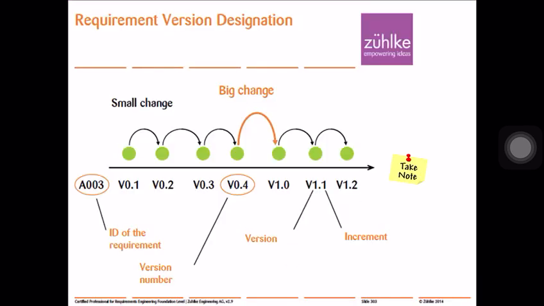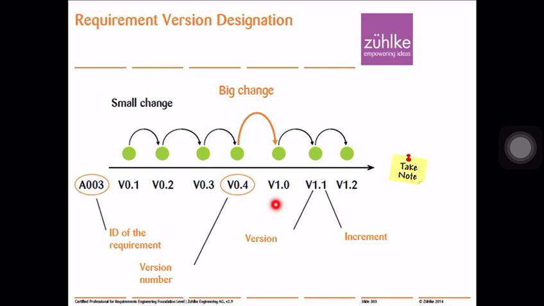This is another example for A003. Okay, current version number is 0.1, increased to 0.2, 0.3 and 0.4 due to the requested minor change or small changes by the stakeholder. During version 0.4, the stakeholder requests for a major change or big change here.